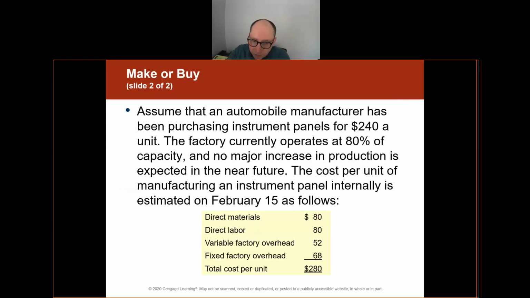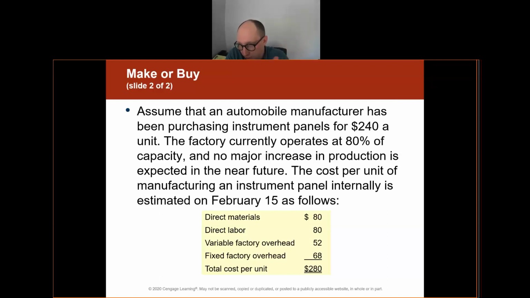So let's look at an example. Let's say we're an auto manufacturer, and we can make or buy the instrument panel.